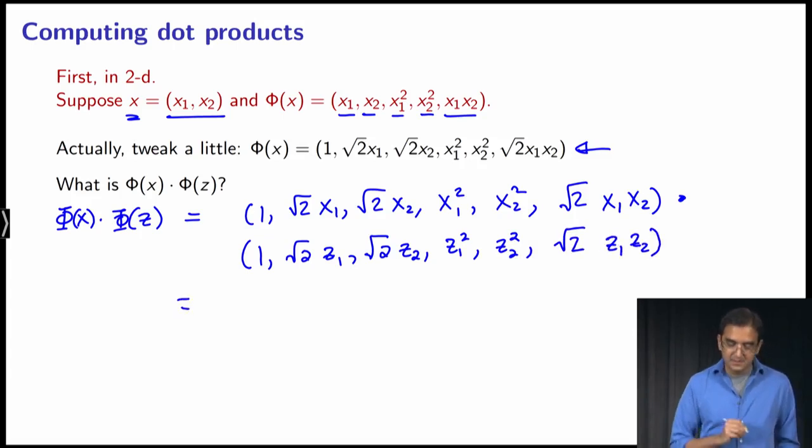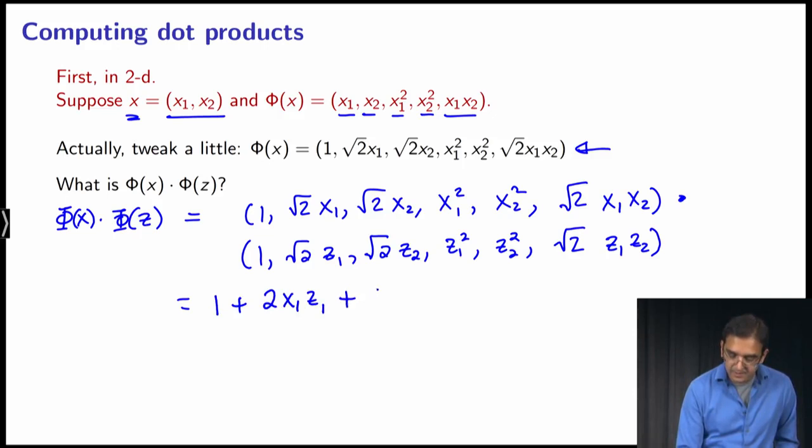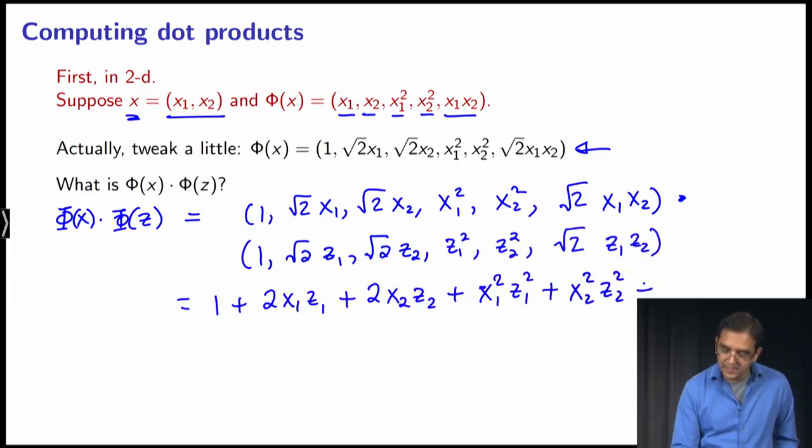Okay, so let's multiply this out. We get 1 plus 2 x1 z1 plus 2 x2 z2 plus x1 squared z1 squared plus x2 squared z2 squared plus 2 x1 x2 z1 z2.